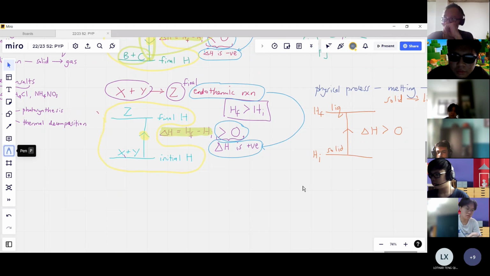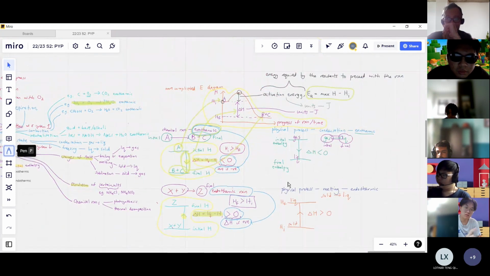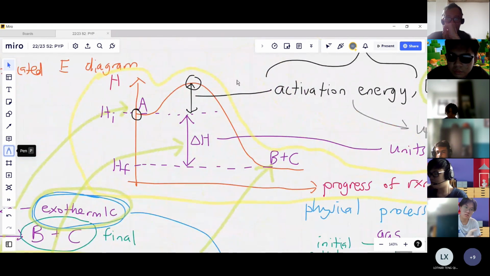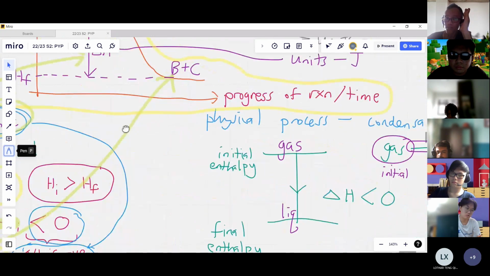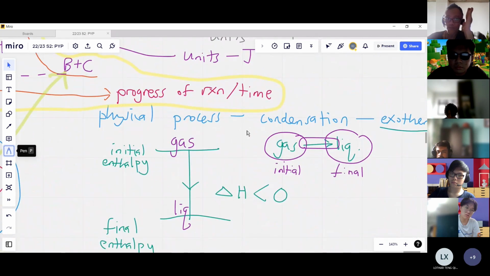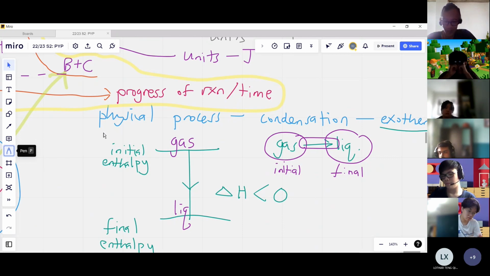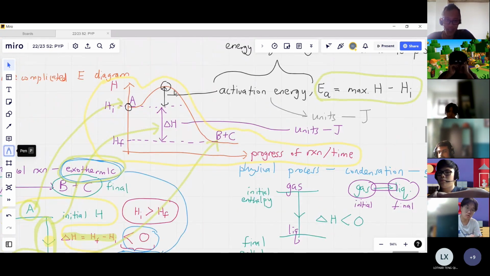Just a note, for this complicated version, the one here with the hump and so on, this complicated energy diagram only applies to a chemical reaction. Because if it's a physical process, then there's nothing to draw. A physical process will simply be just like that, the simple version. I mean, obviously you'll be asked to decide, but normally they'll give you a chemical reaction, and then this is the one that you're expected to draw.